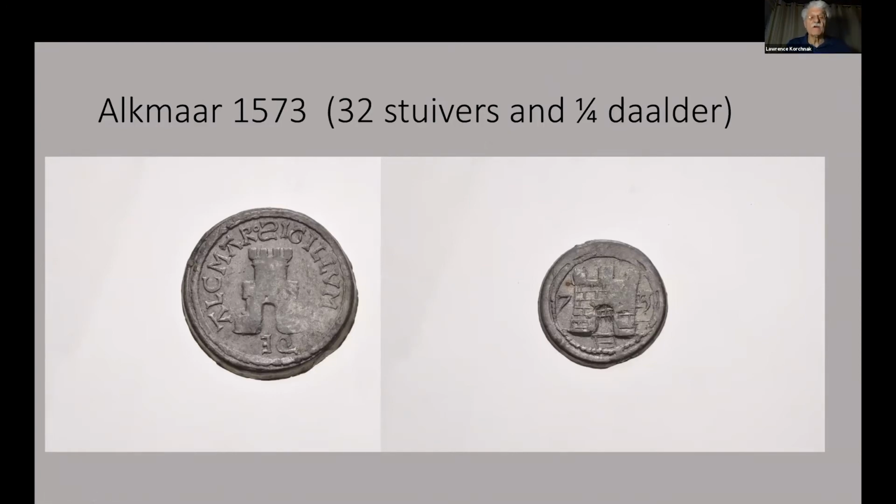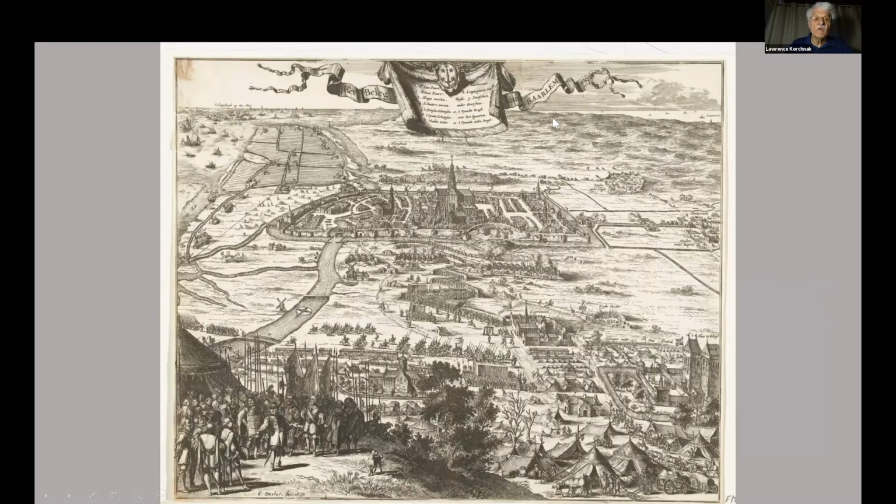When Don Federico came to Haarlem, you can see his army setting up, and that's the city of Haarlem just prior to the siege. A Calvinist center known for its support of the rebels, and there was really a brutal battle. 4,000 troops defended the city, and they defended with such intensity that Don Federico thought he was going to withdraw, but his father, Philip II, said he would disown him if he did, and so he didn't stop the siege, and they continued the barbarities.